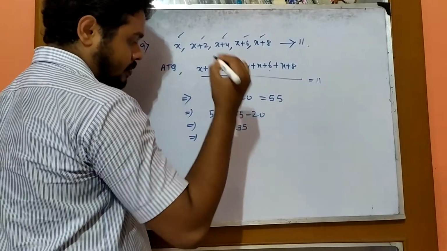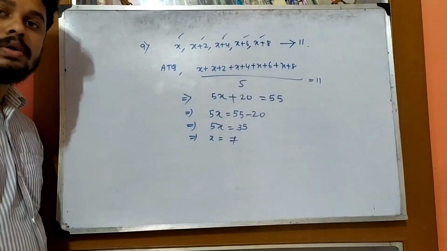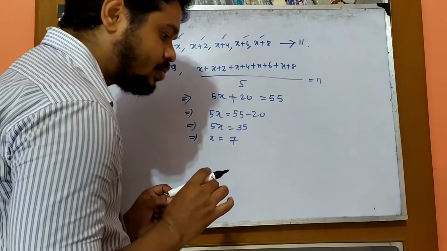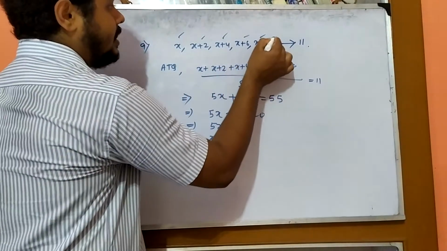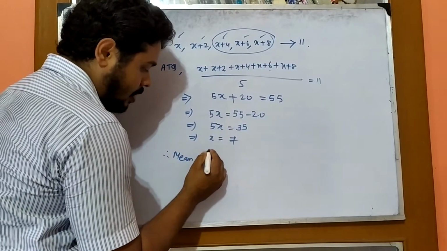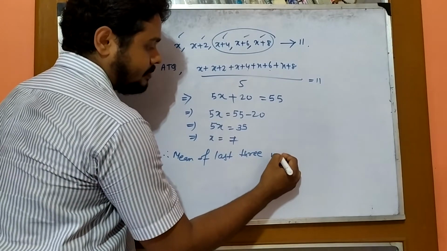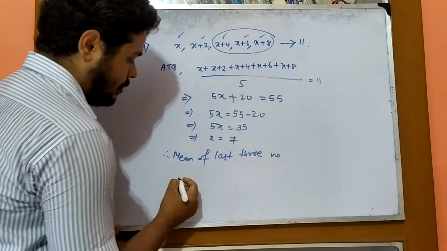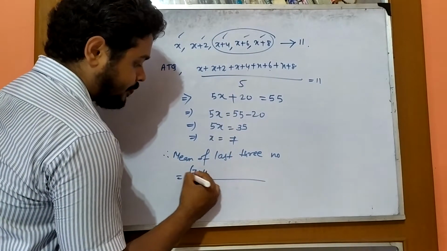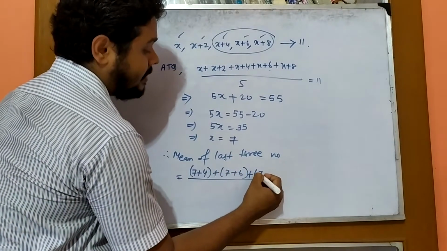So x equals 7. Now we have to find the mean of the last 3 numbers. Therefore, the mean of the last 3 numbers equals, we can write simply, x means 7 plus 4, plus 7 plus 6, plus 7 plus 8.